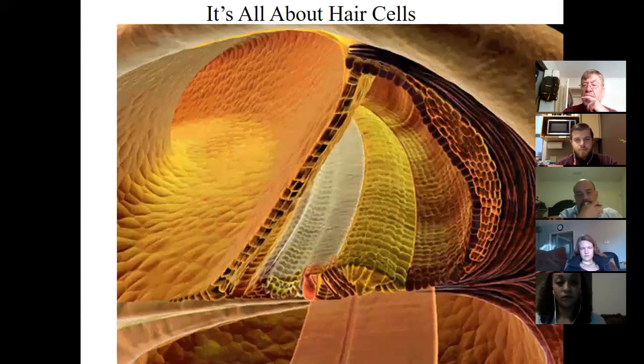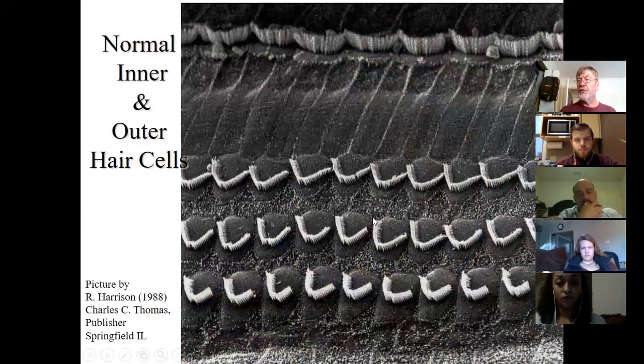You have 3 rows of outer hair cells at the wide base of the cochlea. You have 4 rows of outer hair cells at the middle coil of the cochlea, and you have 5 rows of outer hair cells at the skinny apex of the cochlea.